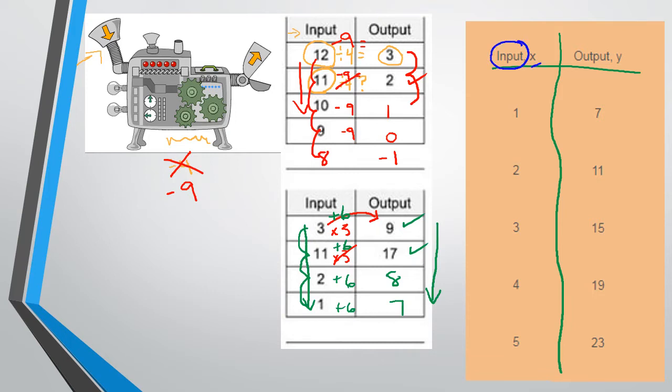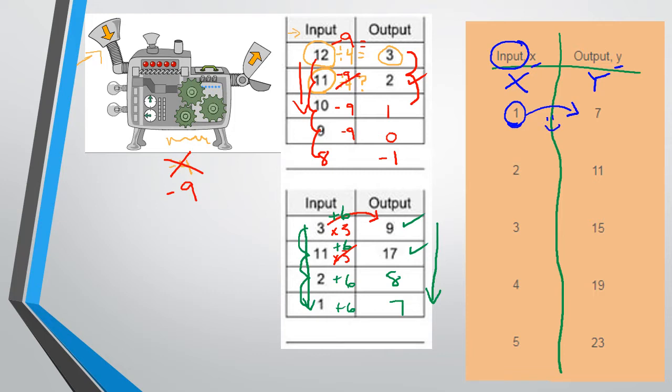Sometimes they call it X and Y. So this is the X column and this is the Y column. Okay, so they just took variables. That's what X and Y are doing here. They're just letters that we use in the place of a number that we might not know. So what do you think they did to this X value to turn it into this Y value? What do you think the big machine in the middle did?